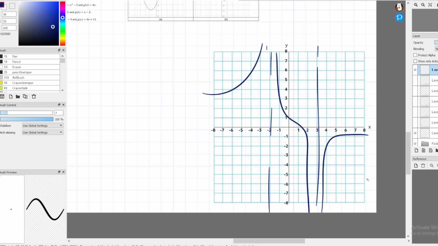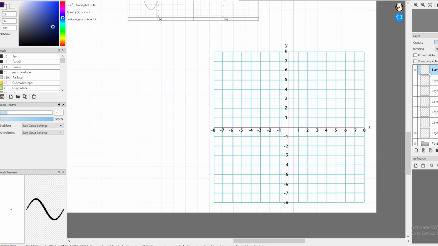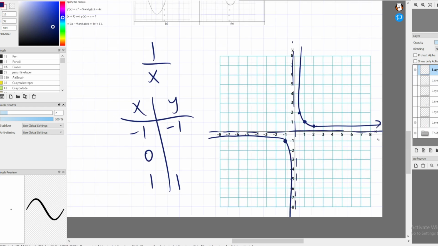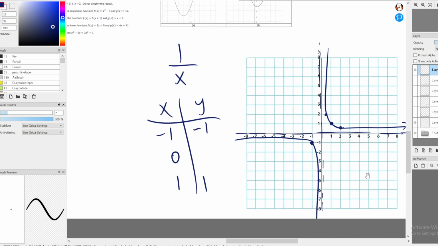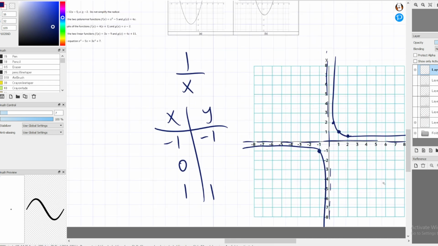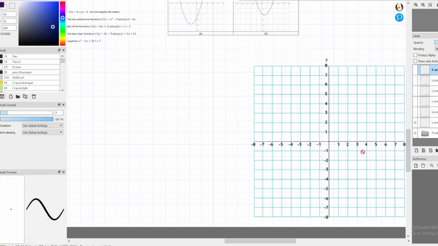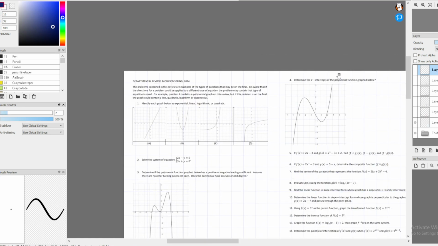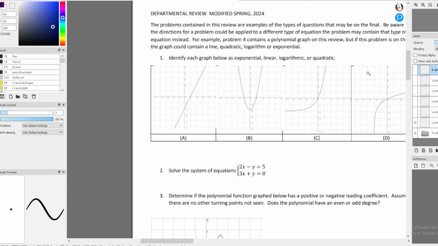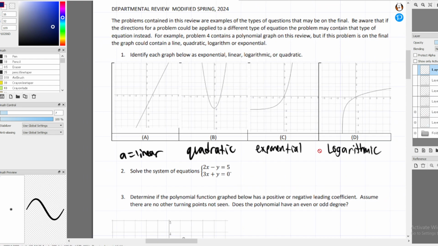But in 1050, the next math course from here, you'll be covering rational functions a little bit more and learn how to graph them. So anyway, this is our parent graph of a rational function. Having that out of the way, it's good to come back up here, and we already identified, I believe, which were which. But it was good to go over.